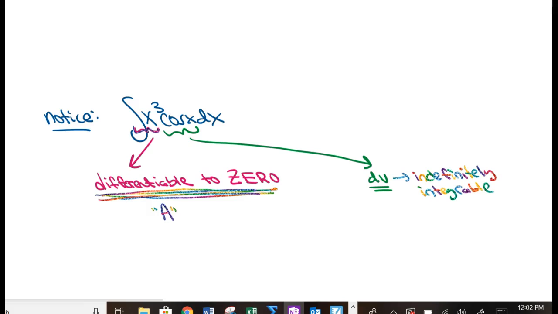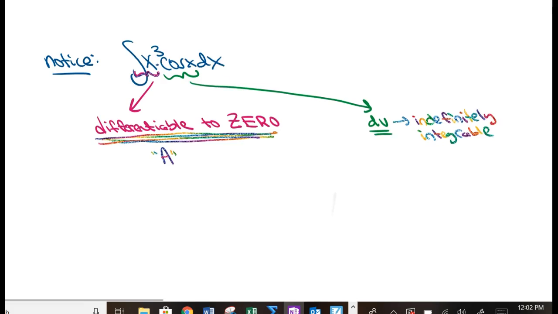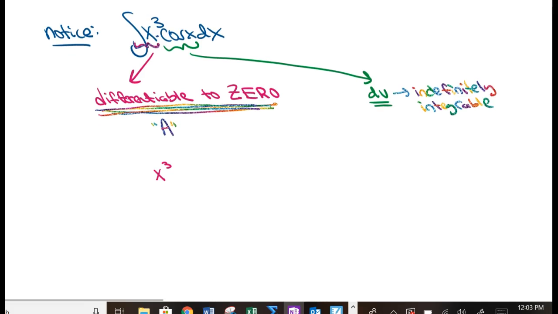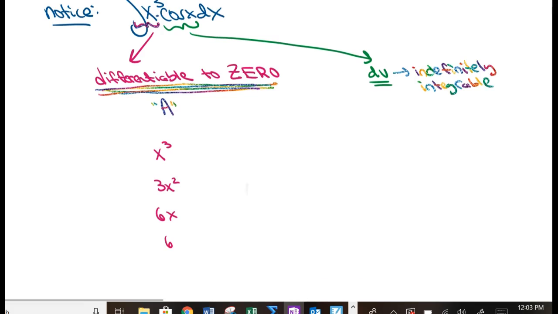So if you have an integral where a part of the integrand, a factor, which is connected by multiplication, is differentiable to 0, and the rest of the integrand is indefinitely integrable, look what you can do. Ready? We're going to write down that which is differentiable to 0, and take that derivative successively until you hit 0.